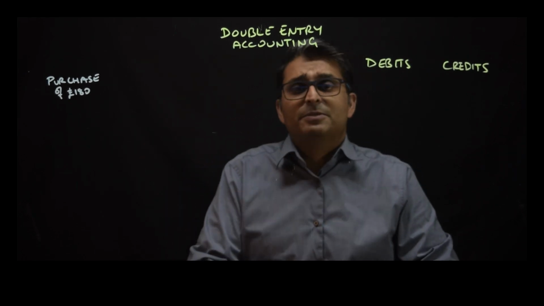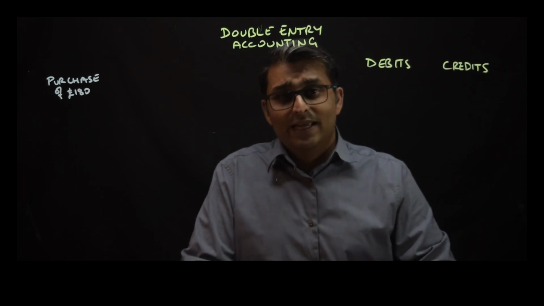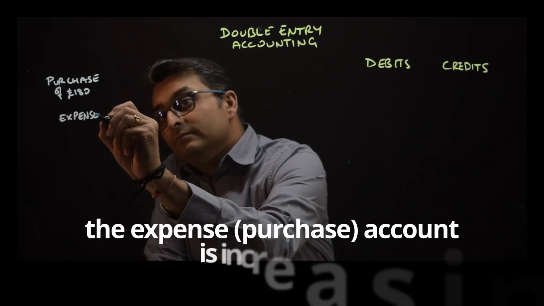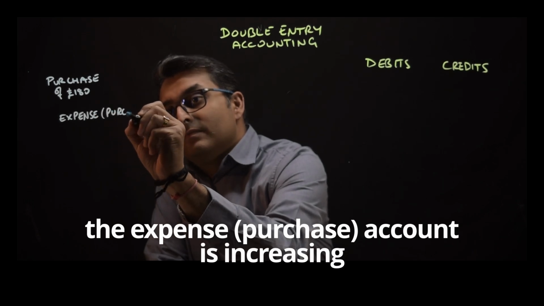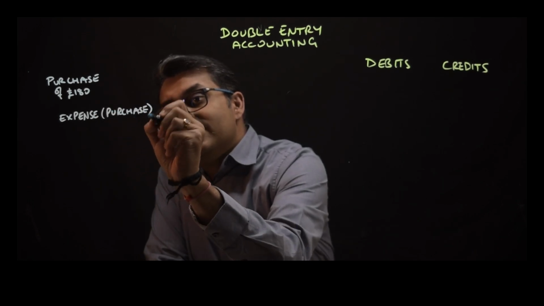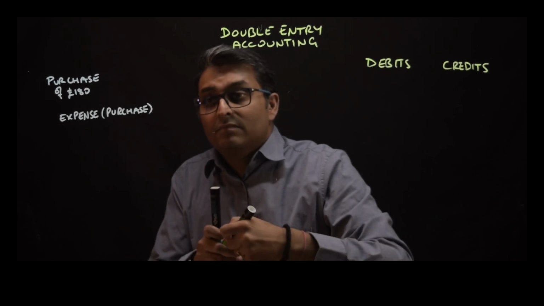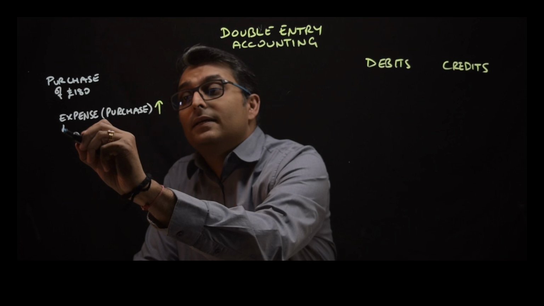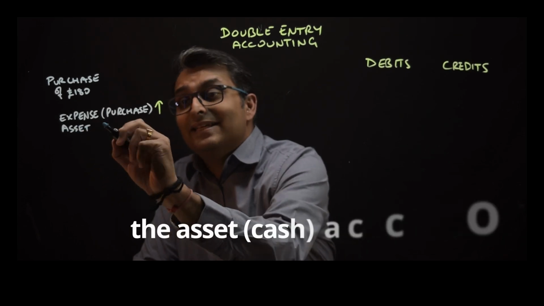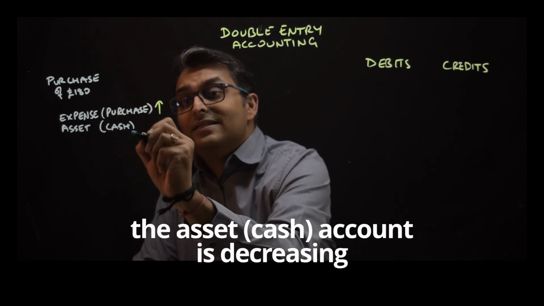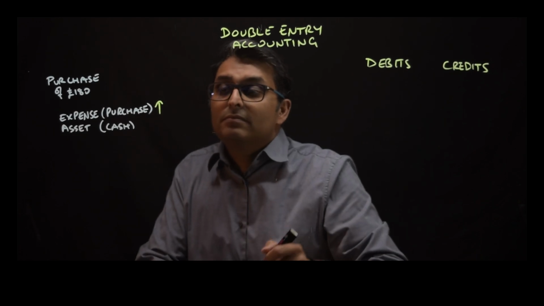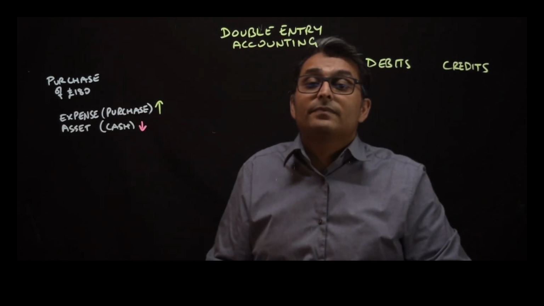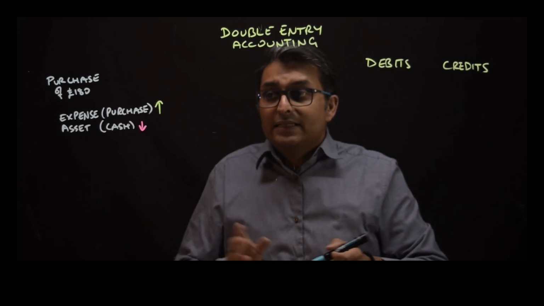But from an accounting perspective, what is happening is that an expense account, in this case purchase, is increasing, and an asset account, in this case cash, is decreasing.